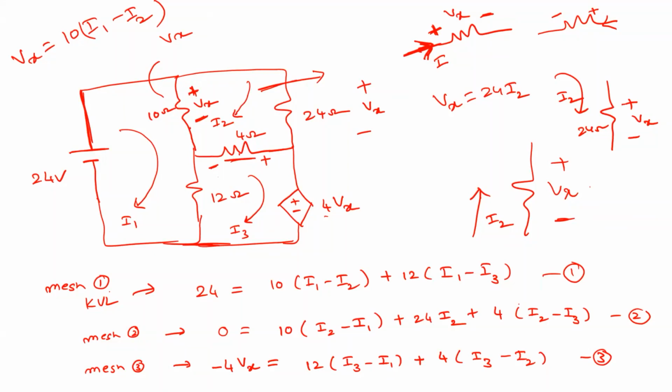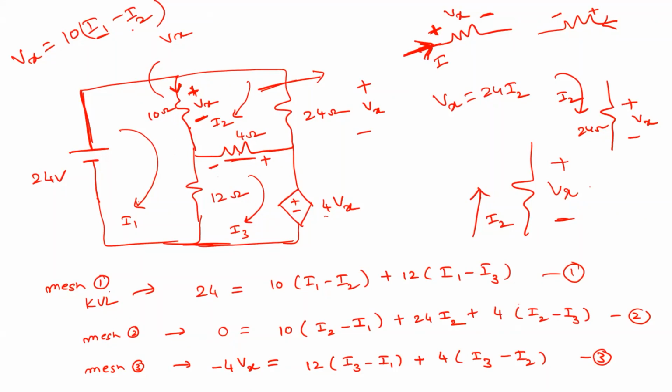So that means the current must enter here. So I1 and I2 are the currents. Both I1 and I2 are flowing in the 10 ohm resistor, right? Which is flowing in this direction? Only I1, but I2 is flowing in the opposite direction. So that's why the total current is I1 minus I2. Understood. Okay, thank you. Clear?